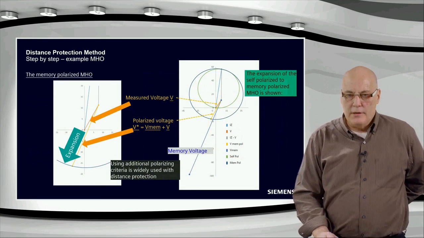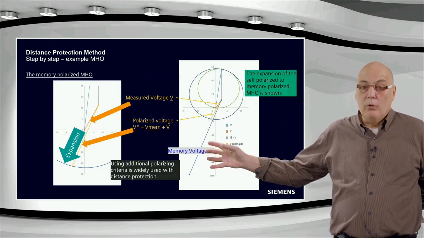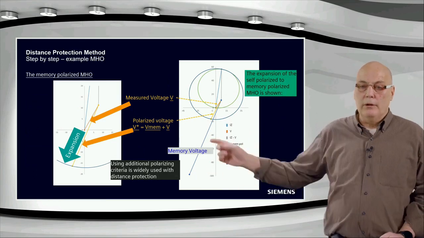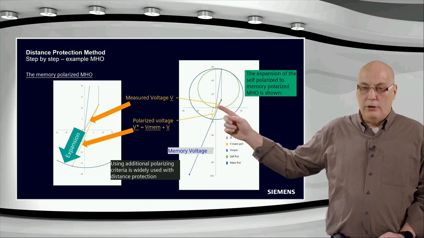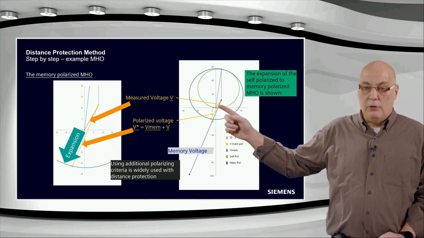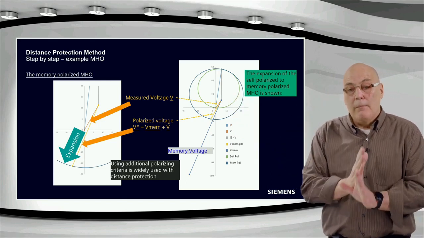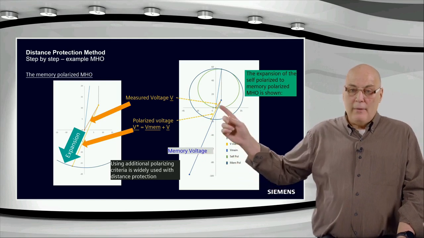You can see in this example that there is the memory voltage. The memory voltage was the healthy voltage before the fault occurred. It should essentially have pretty much the same angle as the measured voltage. You can see the little yellow voltage here, the measured voltage during the fault. During the fault, the voltage collapses to a much smaller value. But it's important that the polarizing voltage should have essentially the same angle as the faulted voltage.